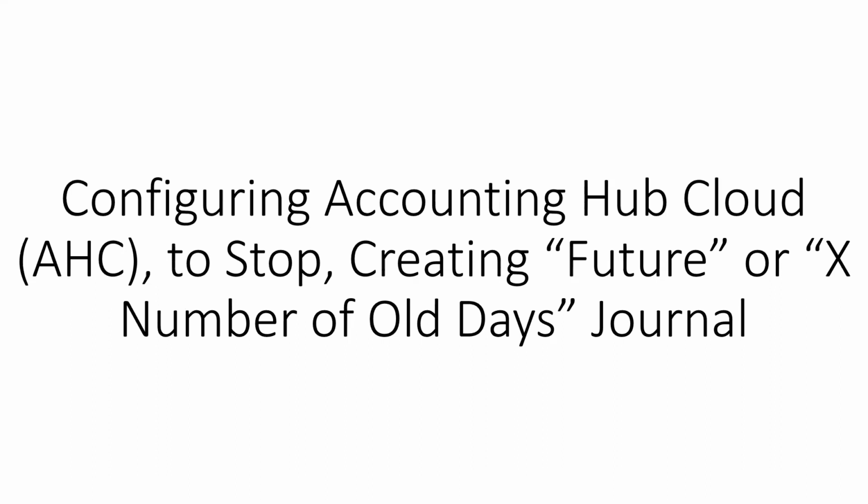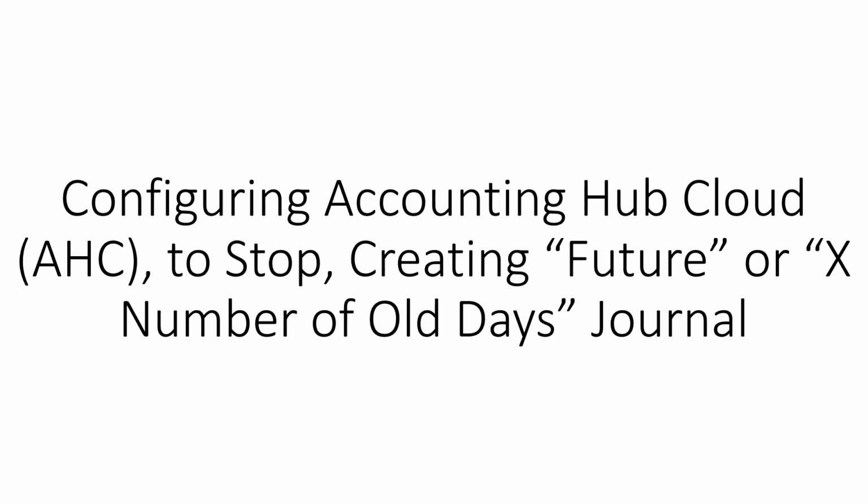So the title of this video is Configuring Accounting Hub Cloud to stop creating future or X number of days old journals. As we know, the positioning of Accounting Hub Cloud in Fusion Financials is as follows.